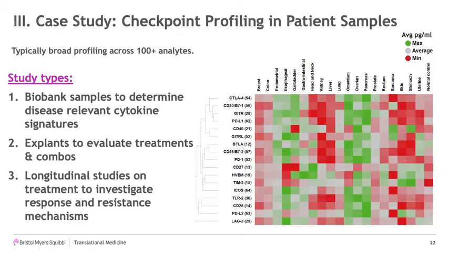This is also where we mostly use the checkpoint panels, as exemplified in the heat map, which aggregates several hundred serum samples by tumor type, and for which we can see clear differences in soluble checkpoint molecules detected. Ultimately, the goal is to build a sufficiently large database that allows us to identify predictive biomarker signatures when linked to patient phenotypic or treatment data.